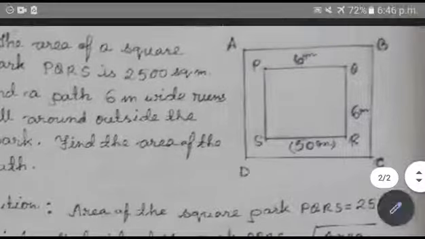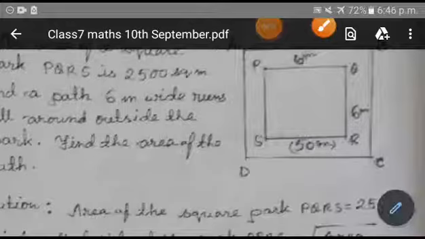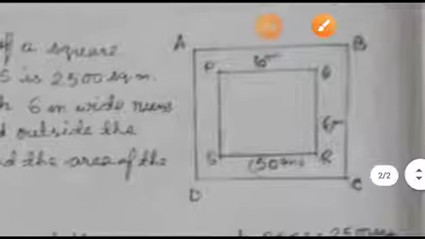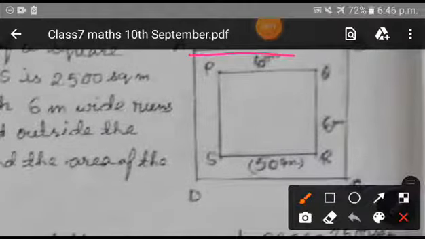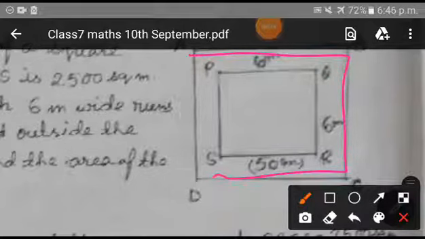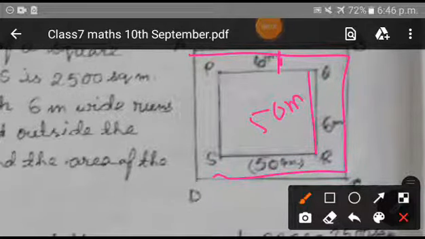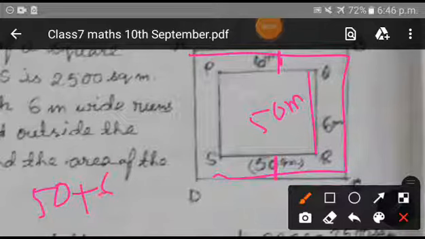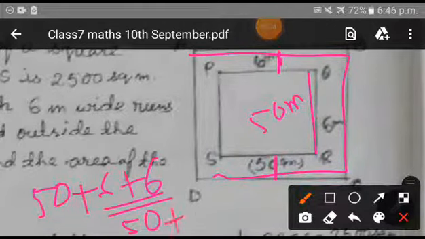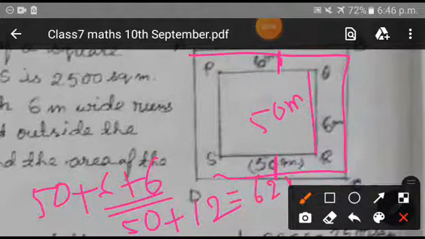That means we will have to calculate the side of the exterior square ABCD. So this part is 50 meter, on top you have 50, down also you have 50. For calculating the side you will have to add 6 plus 6, that means 12, with 50. So 50 plus 12, which is 62 meter.